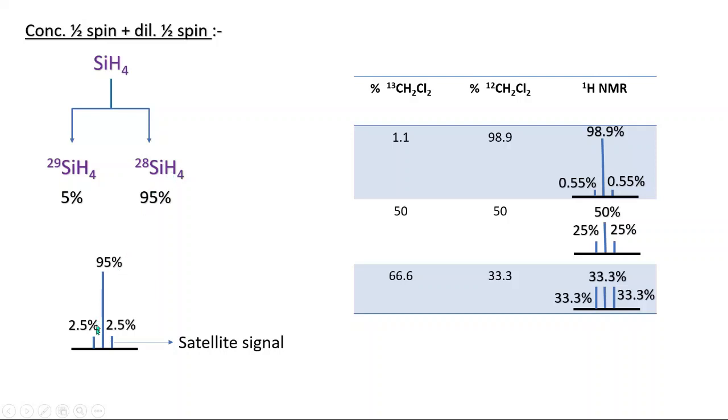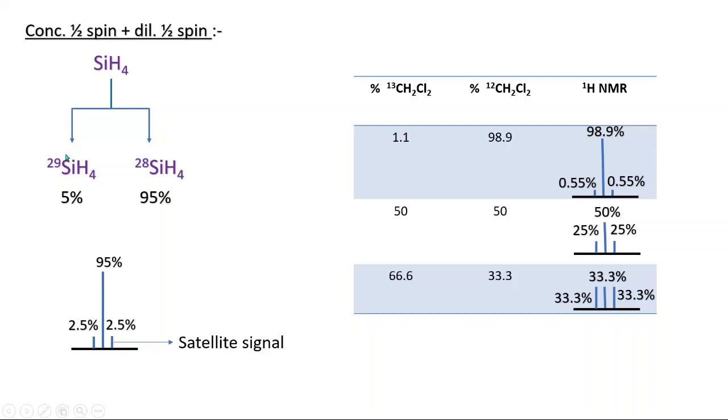That's why we are getting a high percentage for one singlet value, that is 95%. And for the rest, the 5 molecules, due to NMR active silicon 29, these 4 hydrogen will give a doublet due to 1 silicon.